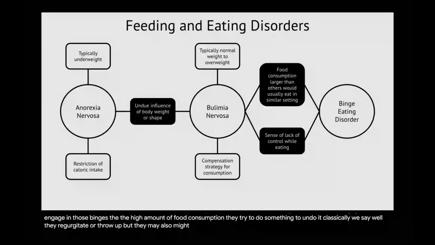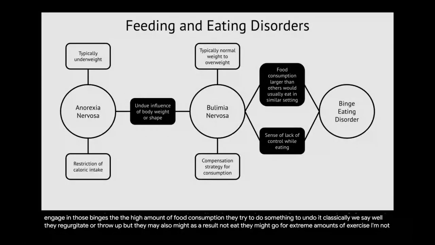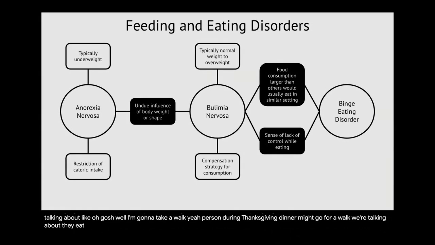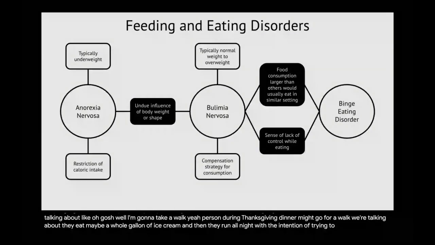They might go for extreme amounts of exercise. I'm not talking about, oh gosh, I'm going to take a walk, like a person during Thanksgiving dinner might go for a walk. We're talking about they eat maybe a whole gallon of ice cream, and then they run all night with the intention of trying to undo it because they feel guilty about it. That's obviously something much more than just, oh gosh, maybe I should go for a walk and burn off some calories.